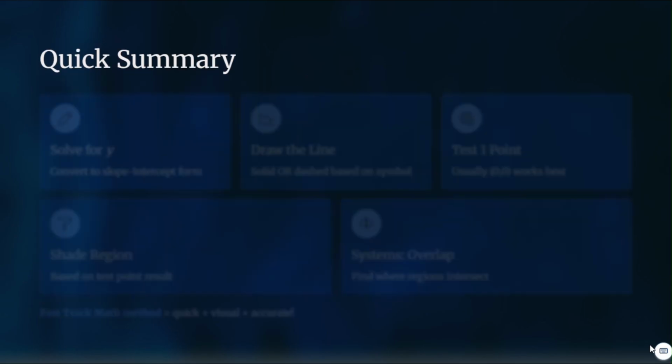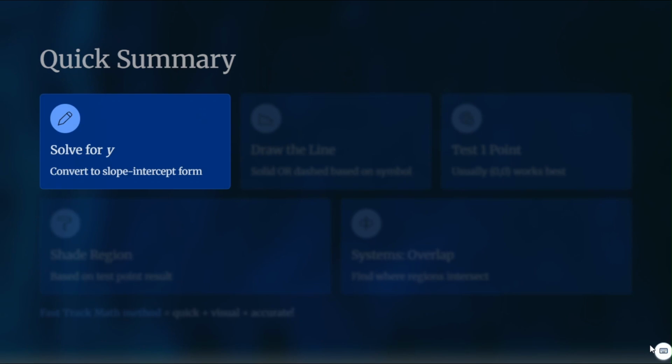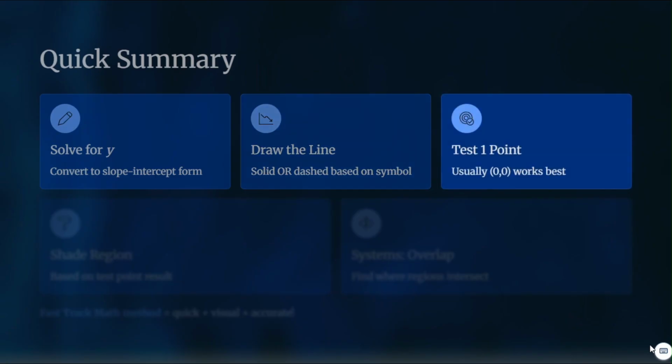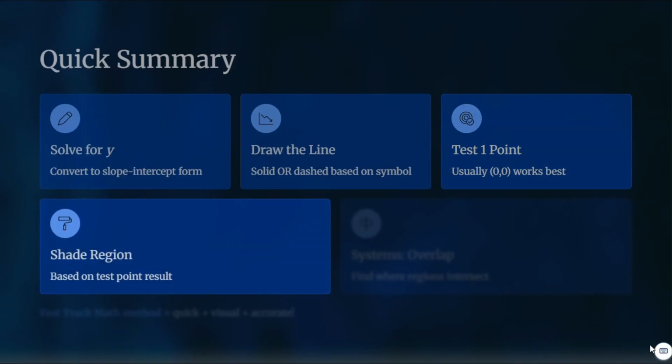Here's a quick recap. First, solve for y. You'll want to convert to slope-intercept form. Then you'll draw the line, a solid or a dashed line based on the symbol. Use a test point. Usually 0, 0 works best, but if it's on the line, you can use any other point. Then shade the region.